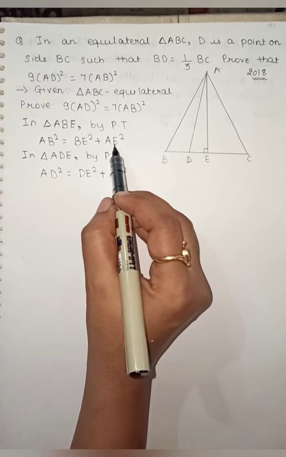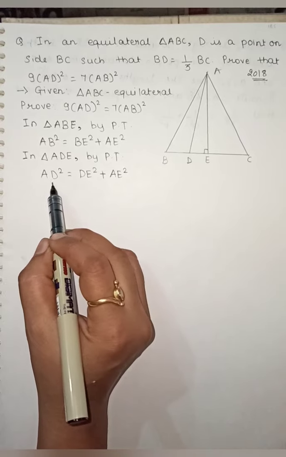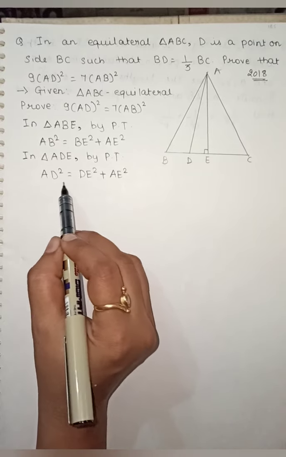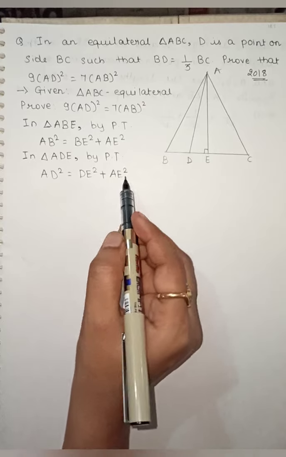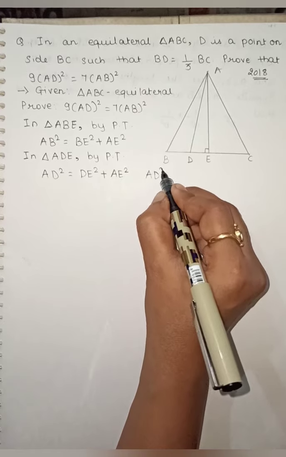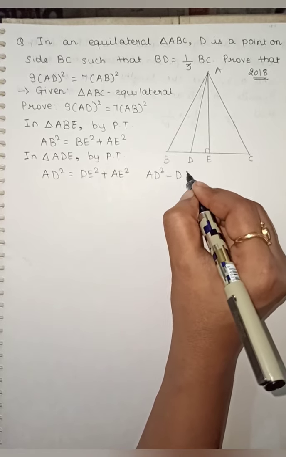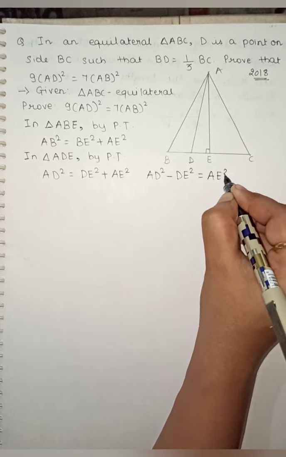What if I replace this AE square with the expression obtained from AD square is equal to DE square plus AE square? If I shift DE square to the other side, the equation can be rearranged as AD square minus DE square is equal to AE square.